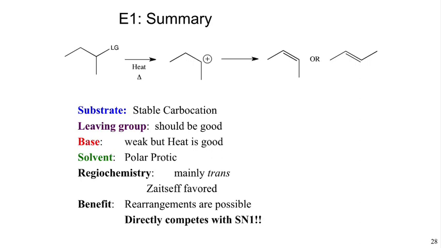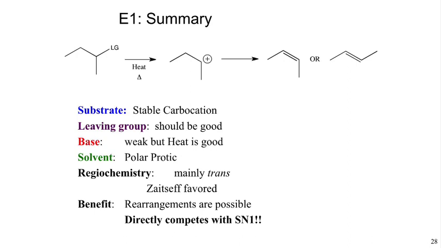Benefits is a bit problematic because none of these statements for our E1 are benefits. Rearrangements are possible. You formed a carbocation. Carbocations can rearrange. That can make things a whole lot more complicated. And if we look at the E1, everything about it aligns with the SN1. Which means if you're looking at a reaction and go, oh, I think that's SN1, guess what it also is?